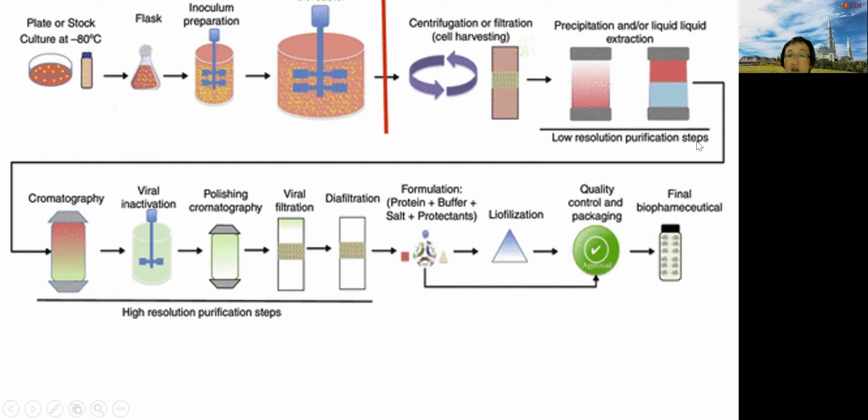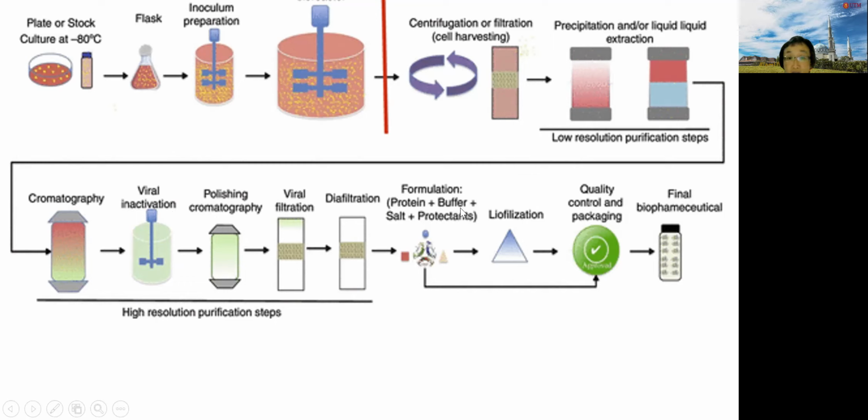Then once we have the soluble product in the liquid phase, it will go through a series of high resolution purification steps. Typically, these involve chromatography, for example, HPLC. If, for example, we use viral particle as the host to produce vaccine, we have to inactivate the virus, then it will go through polishing, viral filtration, dye filtration.